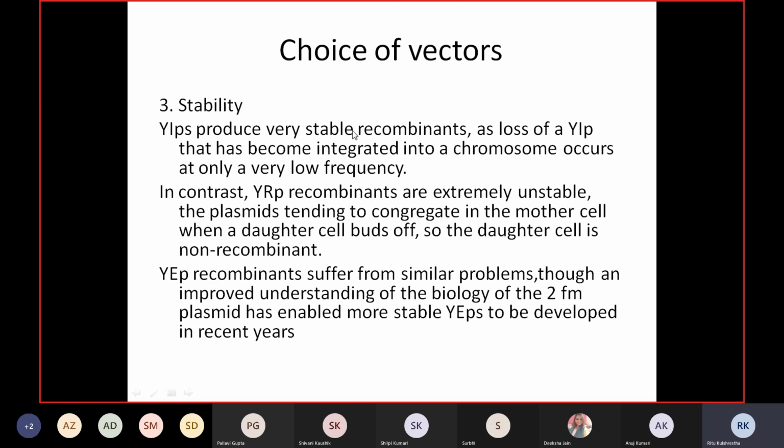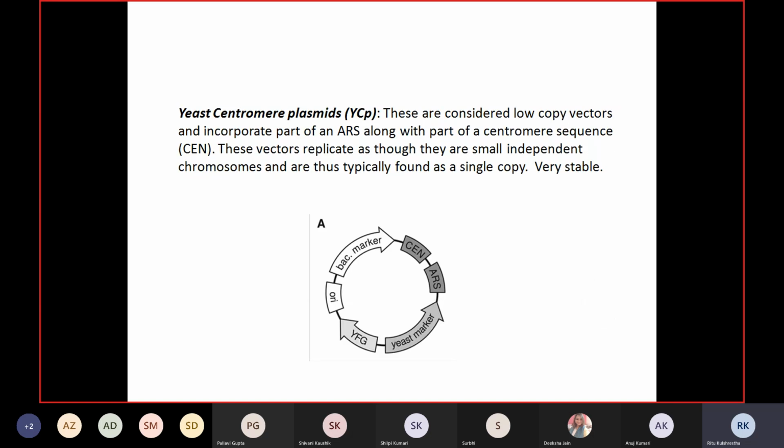So that's what is written here also, that YIPs are very stable, and RPs, the replicative plasmids, are very unstable, and YEPs also have a similar problem. But now people are manipulating EPs and RPs and trying to make them much more stable, because now we have a better understanding of the various genes that are involved in providing stability and so on. So improvements are being made in these vectors.